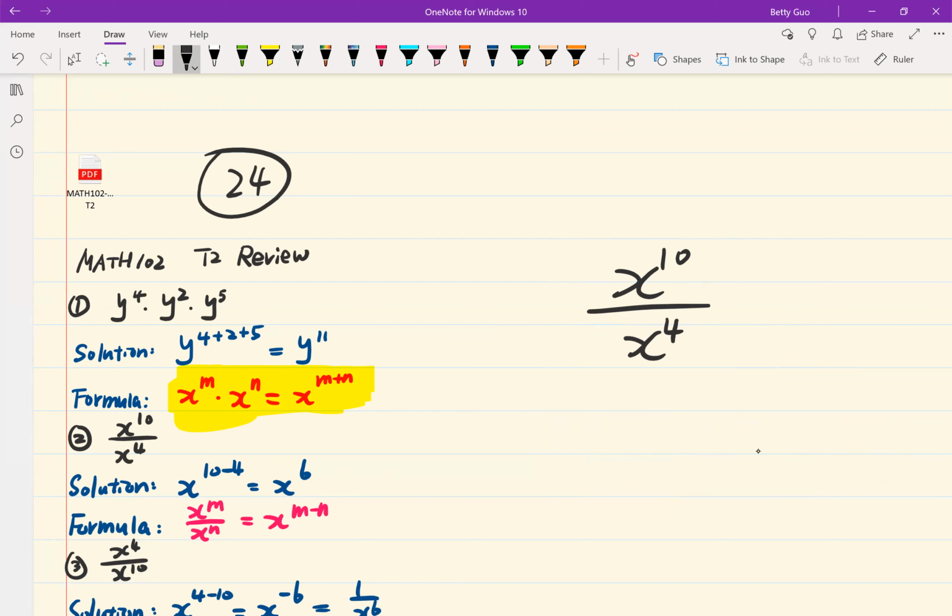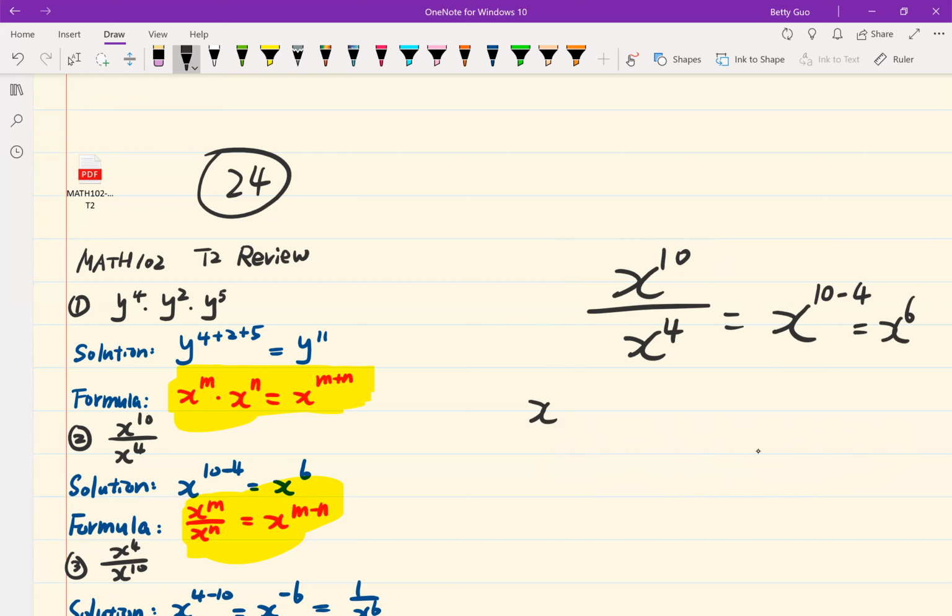By the quotient rule here, we are going to keep the base, take the difference of the 2 exponents, use the exponent in the numerator minus the exponent in the denominator. 10 minus 4 equals 6. The answer is x to the power 6.